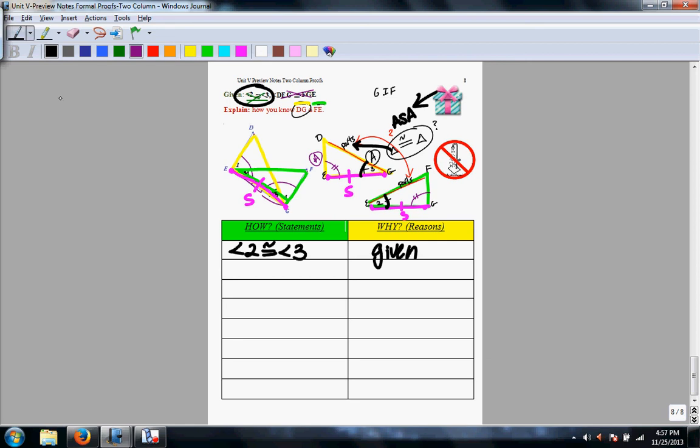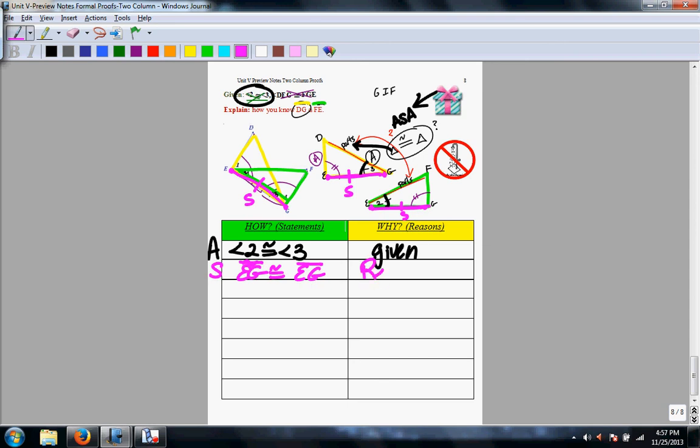I'm going to put an A here for angle. Then I can say my side is equal. These two triangles share this side, and we're going to write it like this. EG is congruent to EG. That gives me a pair of sides.